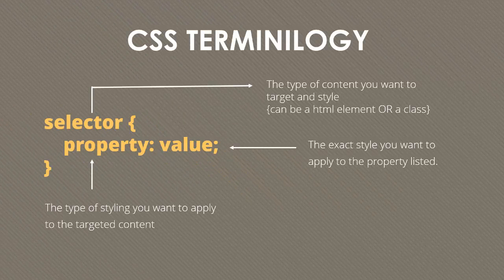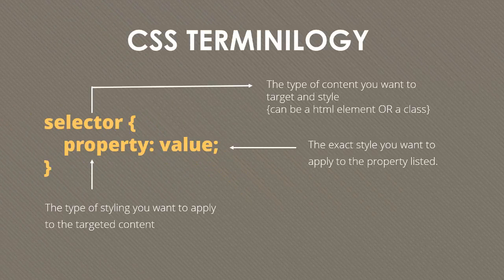The last thing that we need to talk about is the value. And that's going to tell CSS exactly what you want to apply to the property that you listed. So here that might be the exact font or the exact color or exactly how you want the border styled. Now the value is always followed by a semicolon.